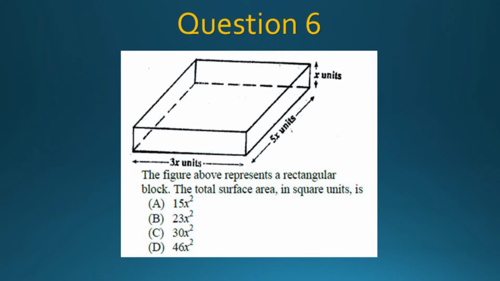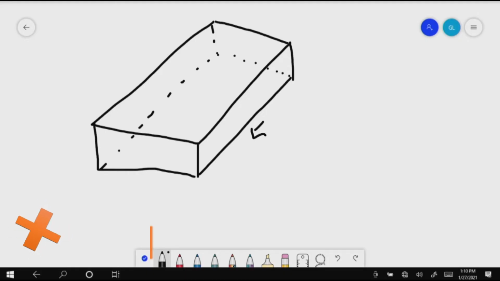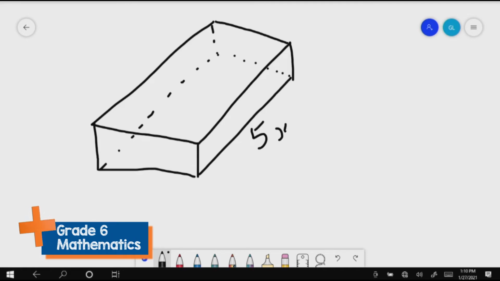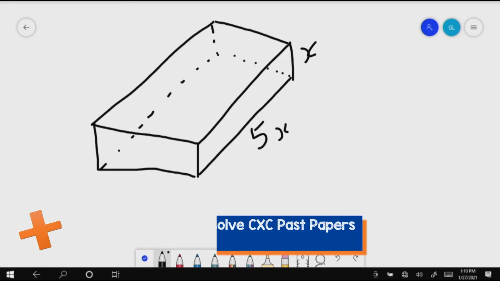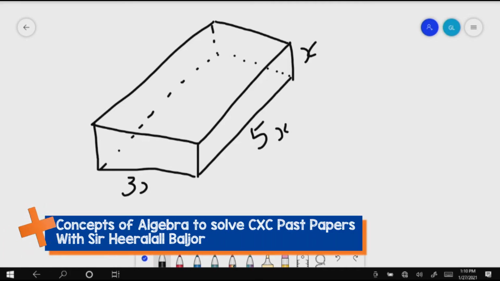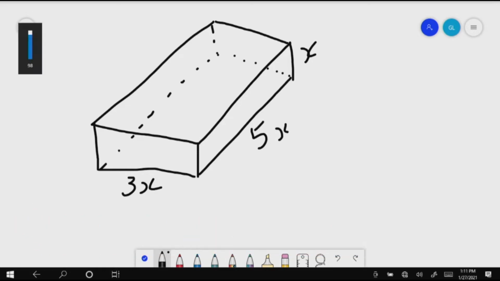Here we have a 3D shape. And they're asking us for the total surface area. The total surface area would have been the number of faces on this shape. So we have a rectangular solid that we want the total surface area for.